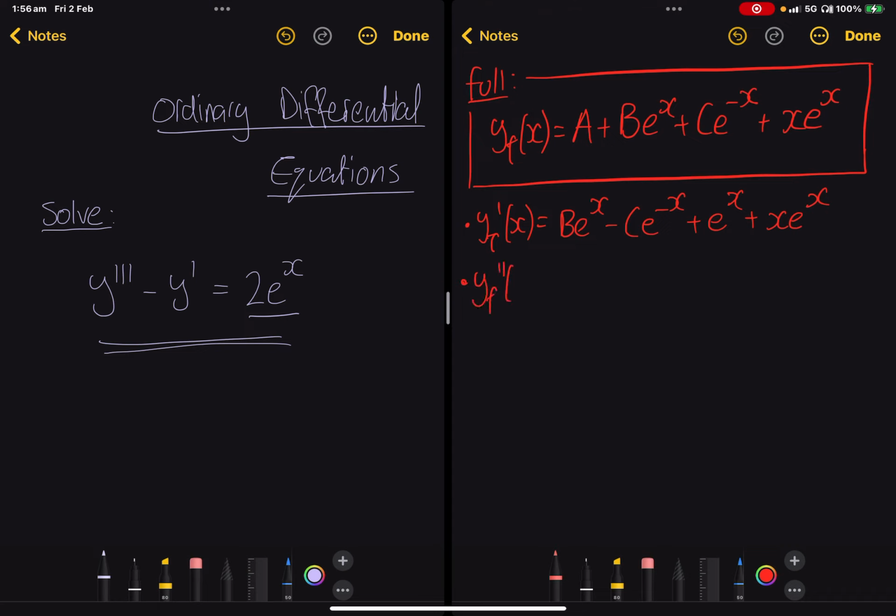Y full double prime of x is equal to b e to the x plus c e to the minus x plus e to the x plus another e to the x plus x e to the x.